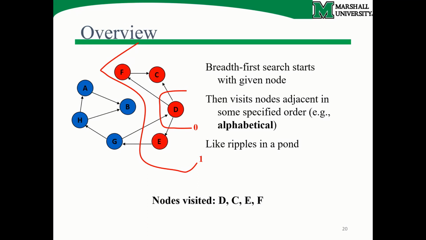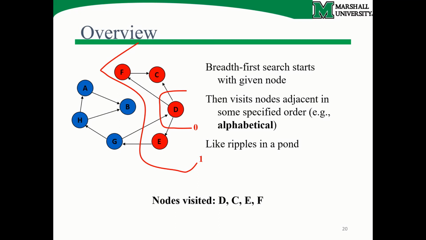Next step, we try to find out what are the nodes that are two path length distant from the node D. We also can try to find out what are the nodes that are one path length distant from the nodes C, E and F. These two mean the same thing.